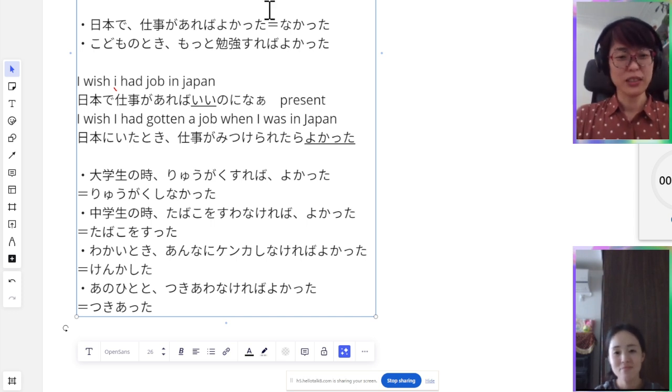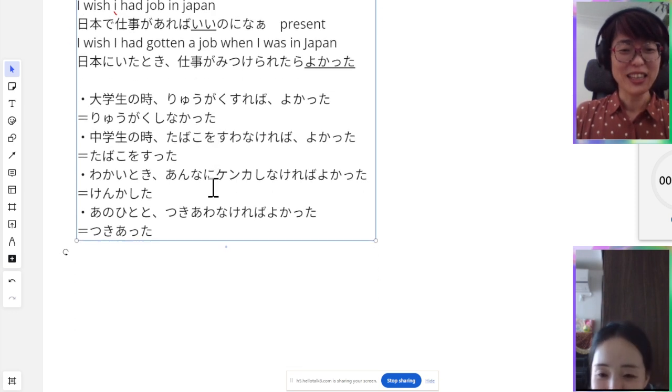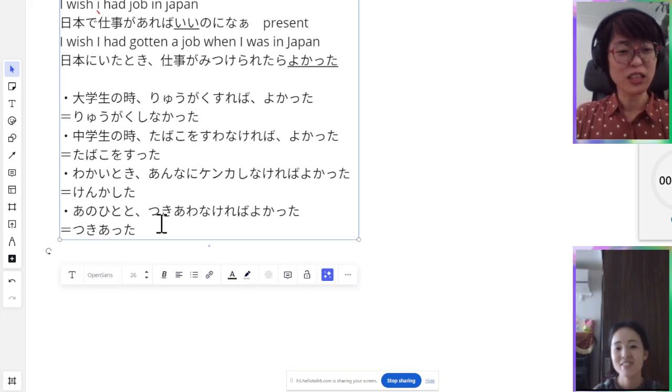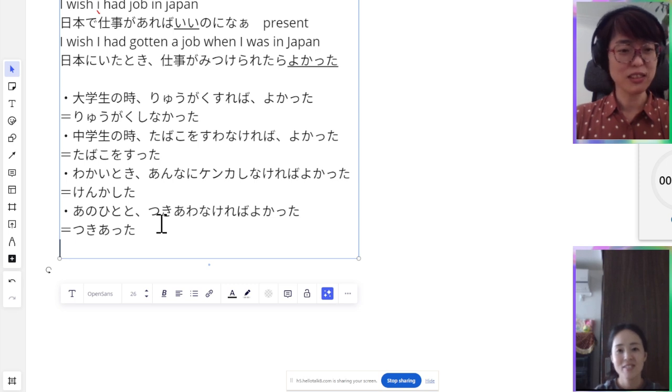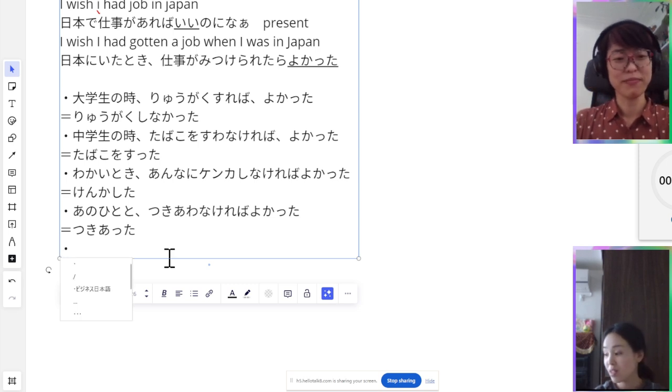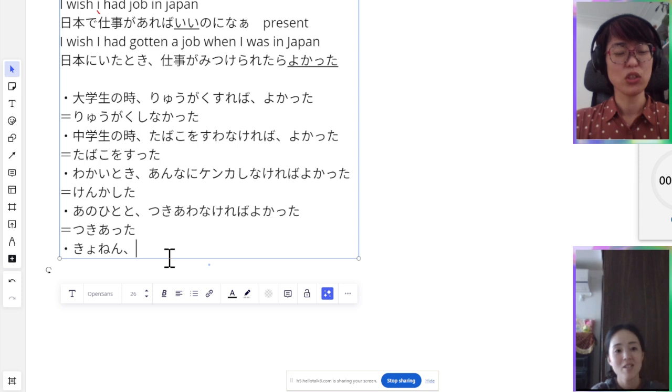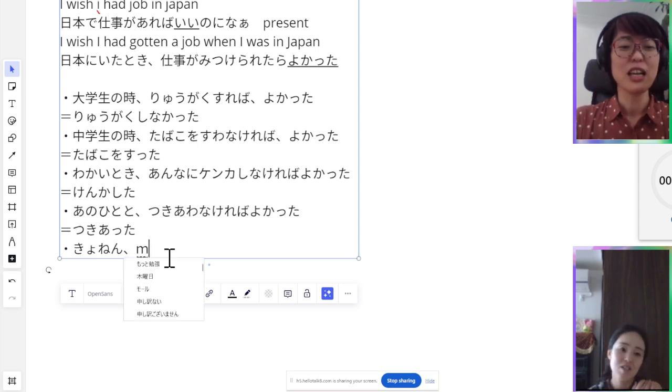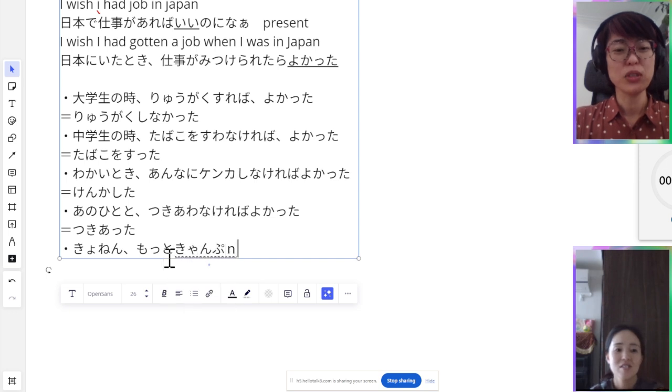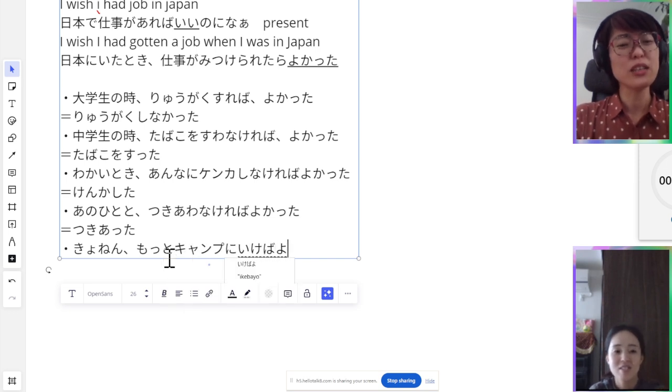Only last year, so that we can make a よかった sentence successfully. ゆきこ先生、考えてください. 去年、もっとキャンプに行けばよかった.